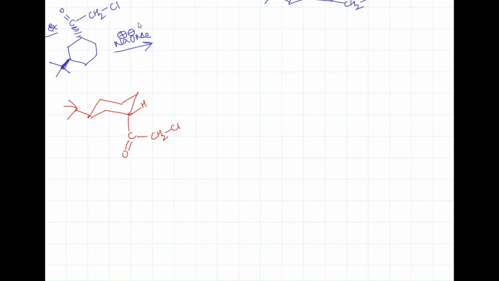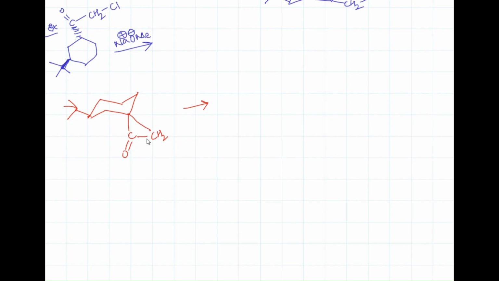So after abstracting the hydrogen, it will form a carbanion here. I will write here only. Right, the carbanion is formed and this will attack this carbon and the Cl will be eliminated as it is a good leaving group and it will form a cyclopropanone ring.